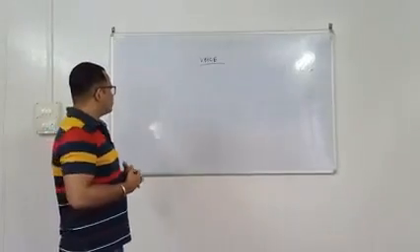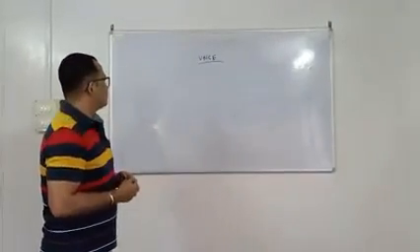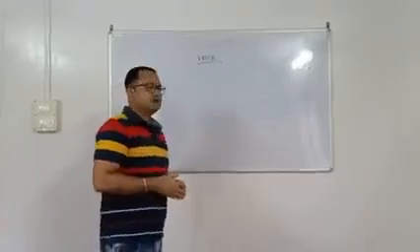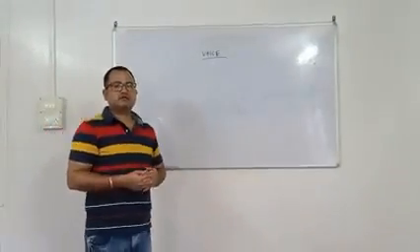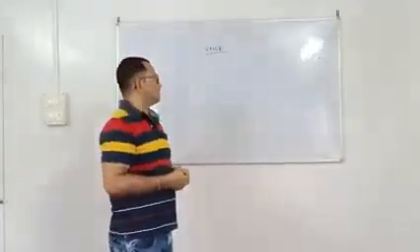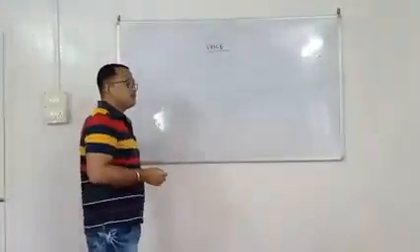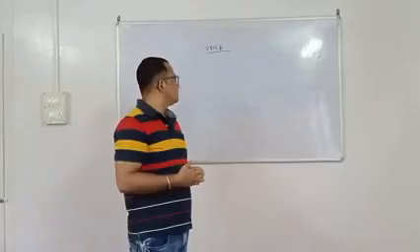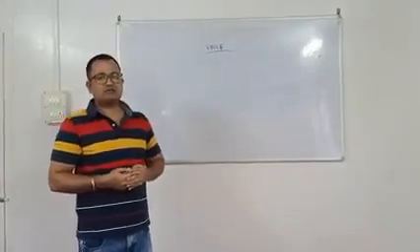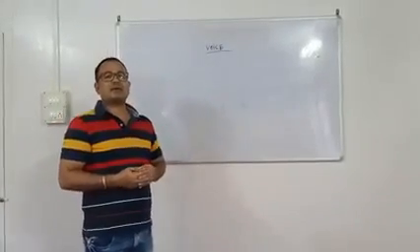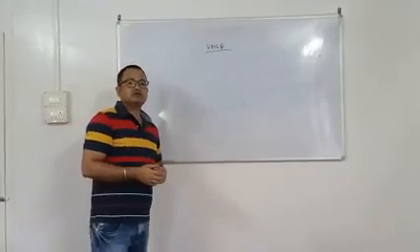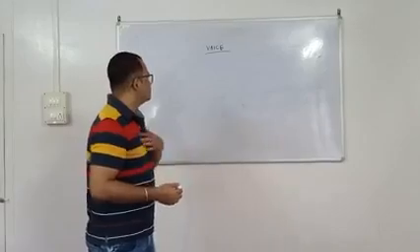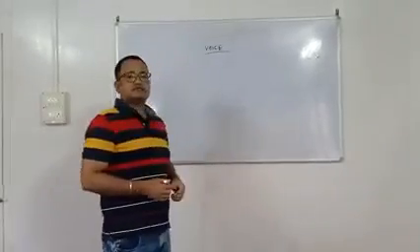So in my last class, I told you if the tense of the active voice is present, then we have to use the be verb am, is or are according to the subject. And if the tense of the active voice is past, then we have to use the be verb was or were according to the subject.